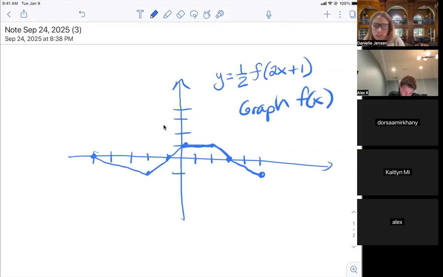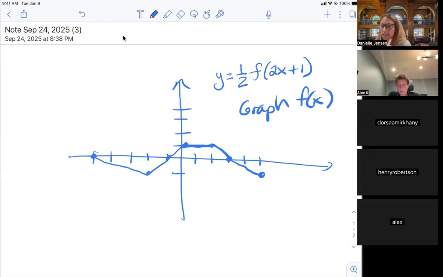Okay, so what do I do? Always do the x's first. What do we have to do here if we're undoing it, if we're going back to the original? You have to find the inverse of 2x plus 1.